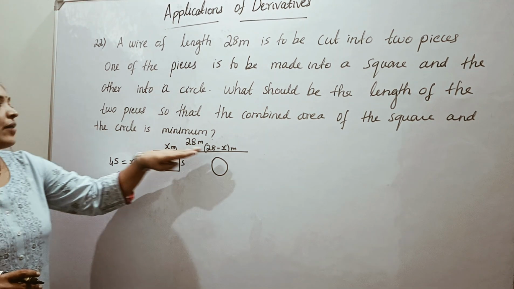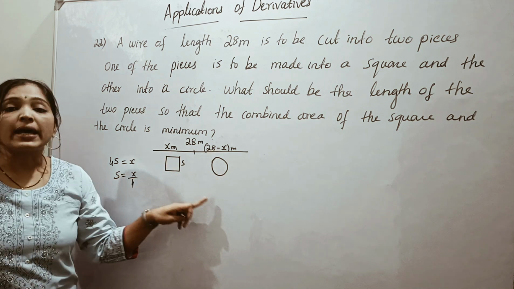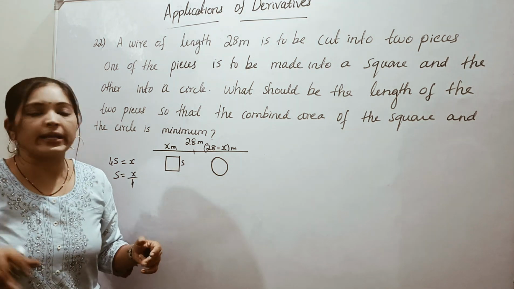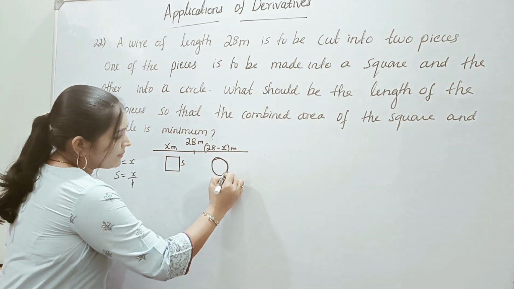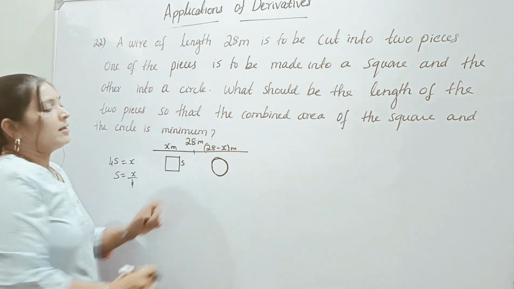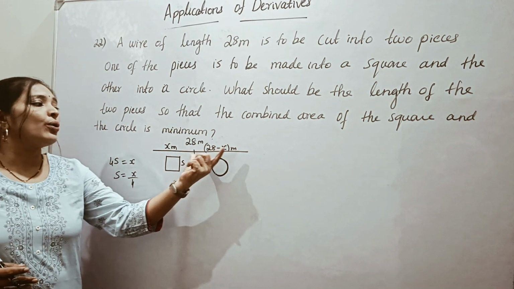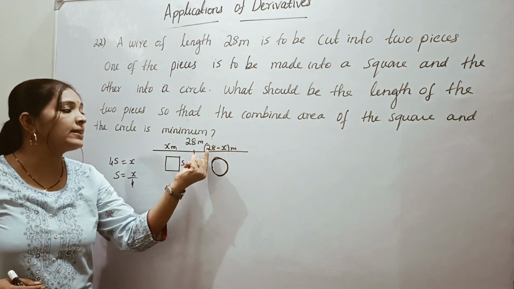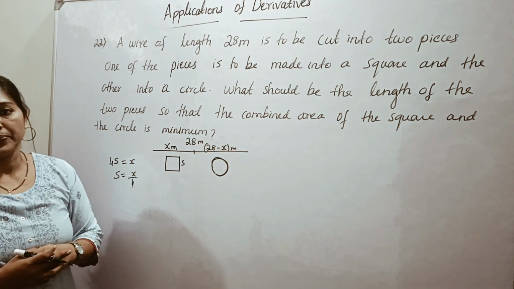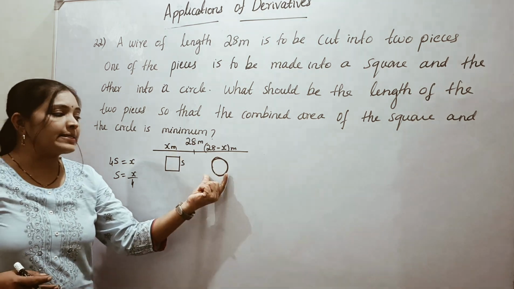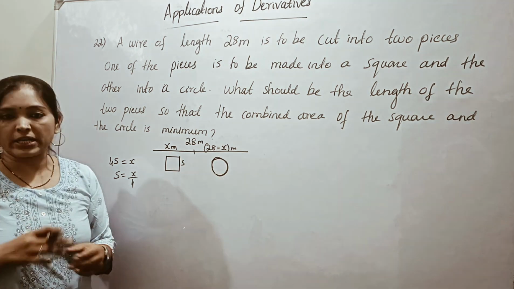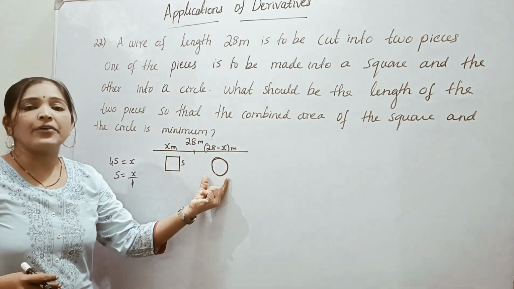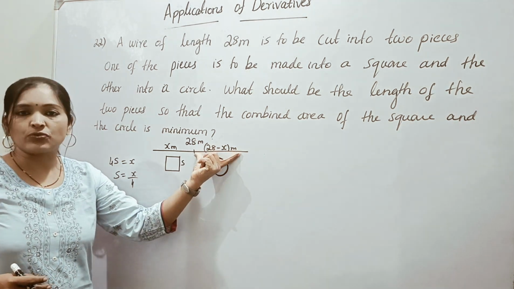Then after that, what is the circumference of this circle? Circumference of a circle is nothing but its total length. This circle is made from this wire of length 28 minus x meter, right? So its circumference, meaning total length, is equal to the length of this wire.